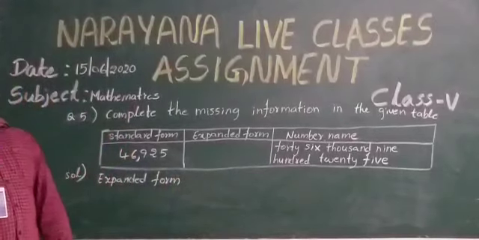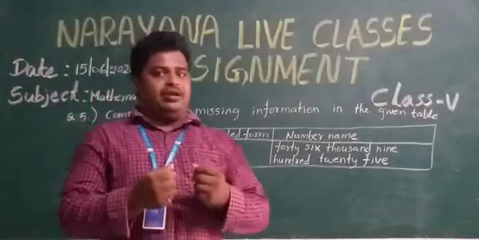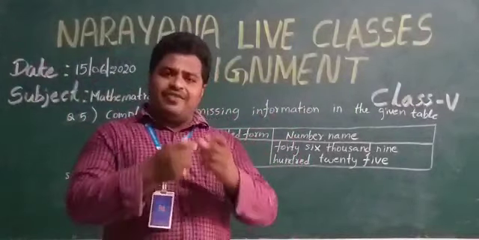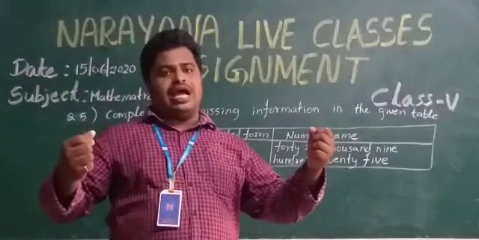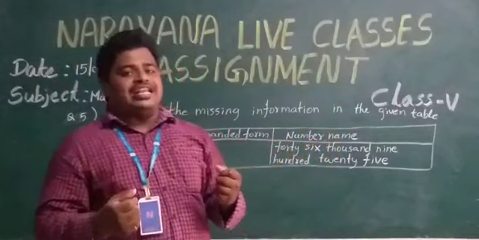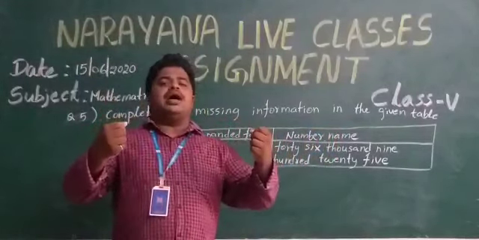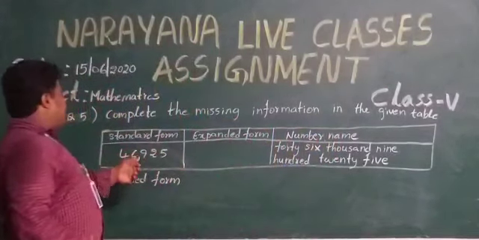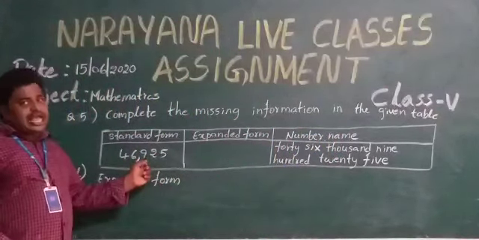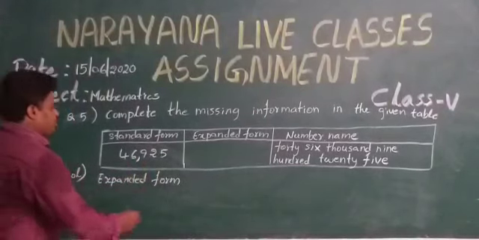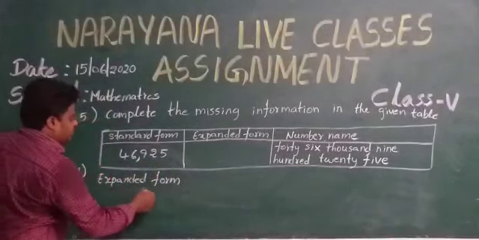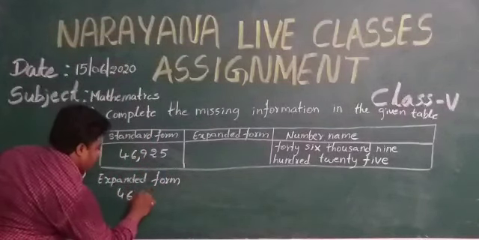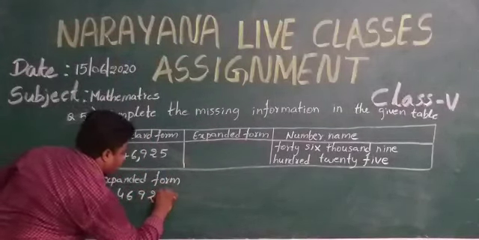Expanded form: when you take a rubber band and extend it, it gets some more distance from its previous position, the extended form. In the same way, expanded form is nothing but splitting the digits according to their places.